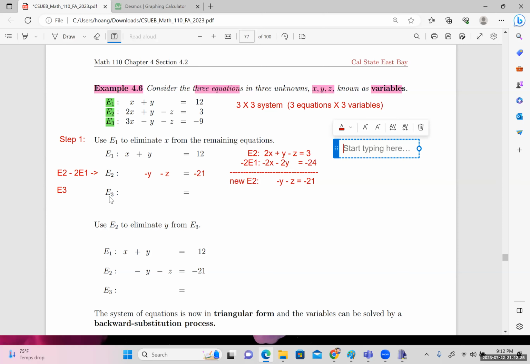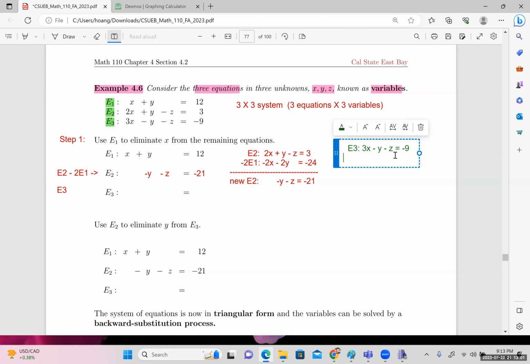So equation 3 was 3x minus y minus z equal to -9, right?